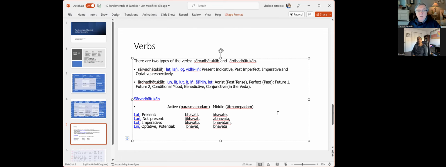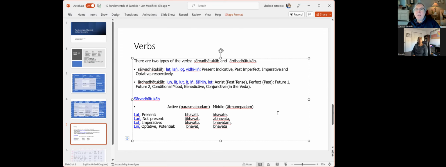Conditional mood is the future in the past, like "I would have done it," "I would do," "I could, would, should," all these future-oriented modalities turned into the past.